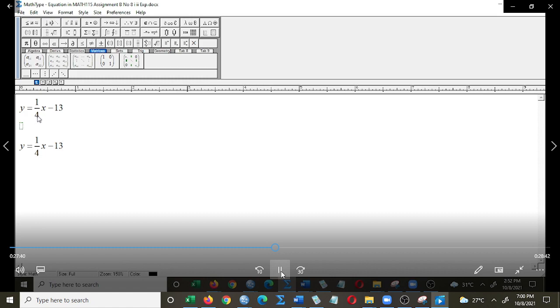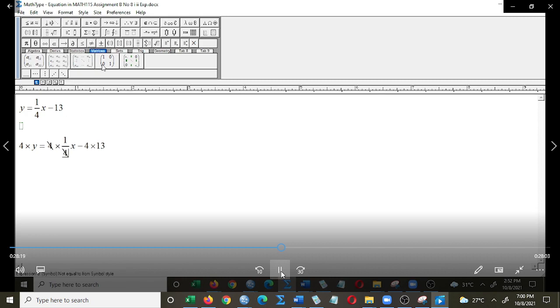Yes, we can cancel out that 4 by multiplying, because a, b, and c are supposed to be integers, so we're not supposed to have any denominator. If we have a denominator, the wisest thing to do is to cancel it out by multiplying each term.